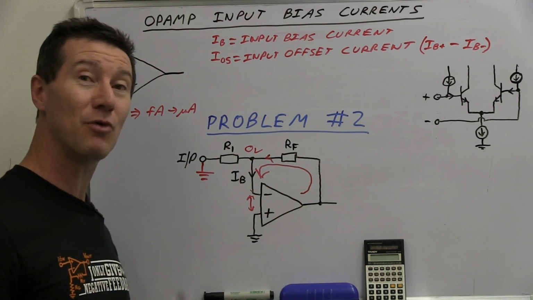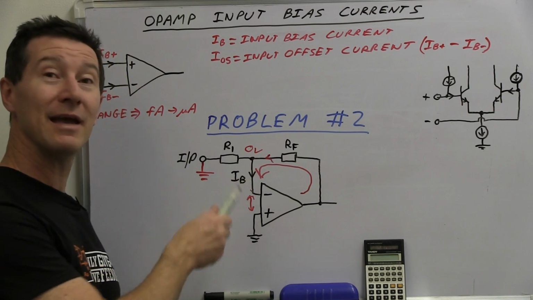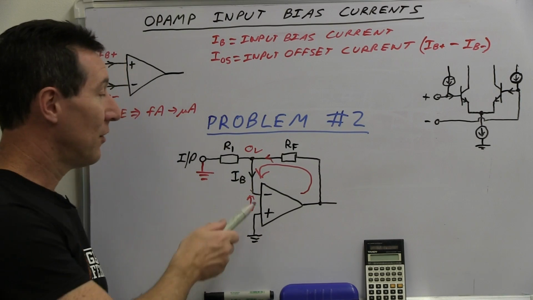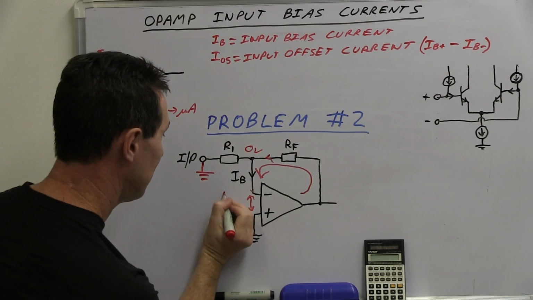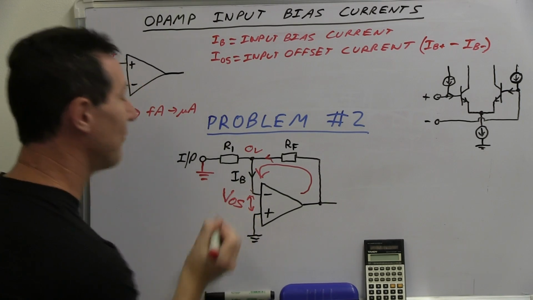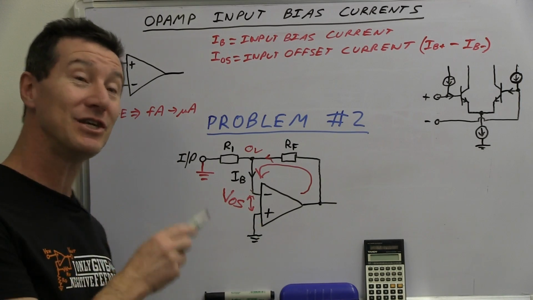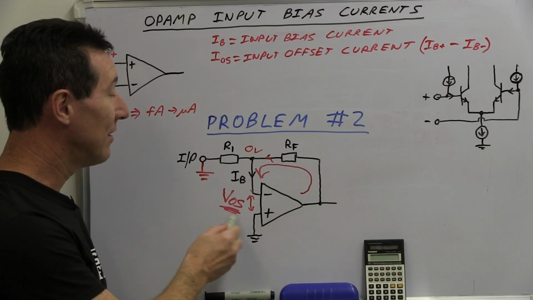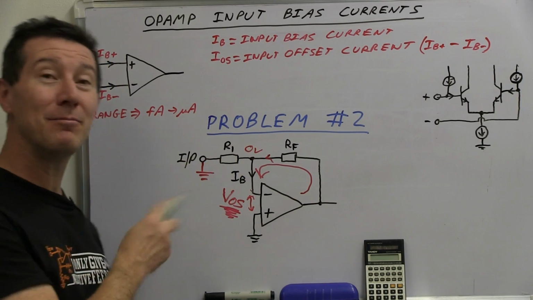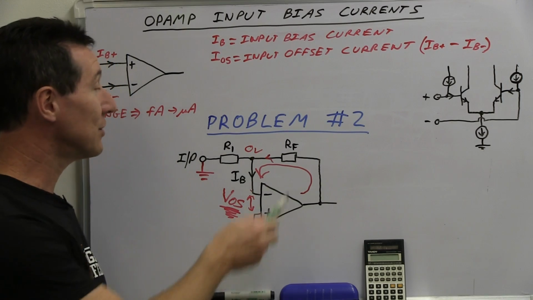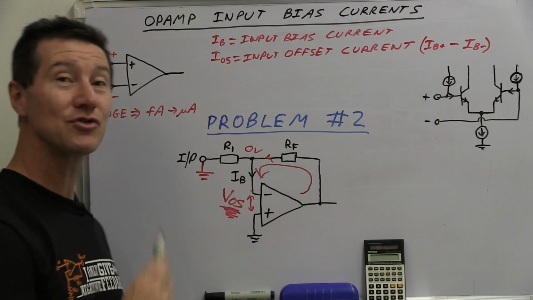IB, even a very small one. You're going to get an offset error introduced over and above your VOS, which is another figure on the data sheet, your input offset voltage. This is in addition to whatever that is. So this is where input bias current can be a real pain in the ass for these precision applications. All of that bias current flows through RF.